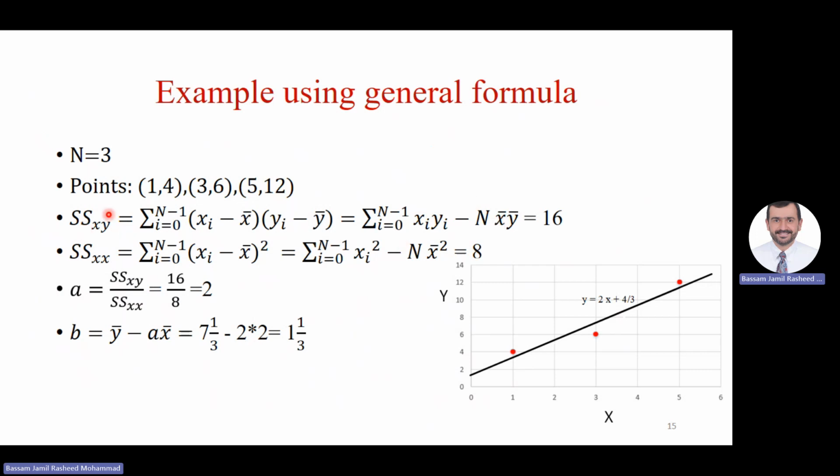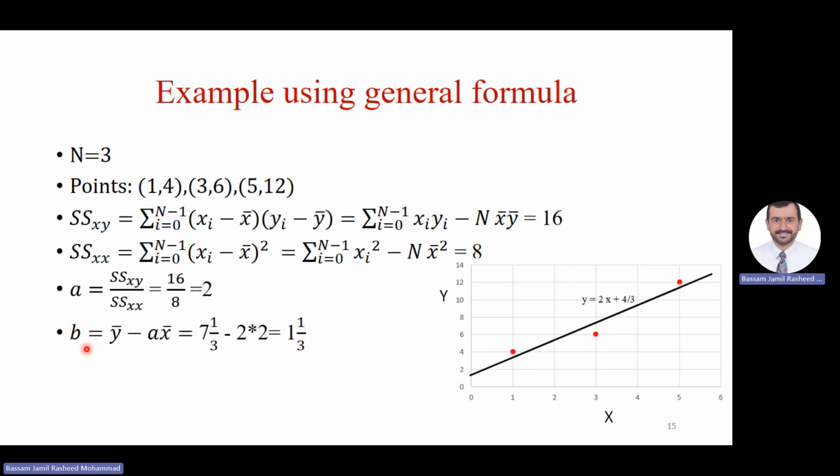At any rate, the SSXY will equal 16. And similarly, the SSXX will equal 8. Now, to compute the slope here, you divide SSXY over SSXX, and this is 16 divided by 8, which equals 2.